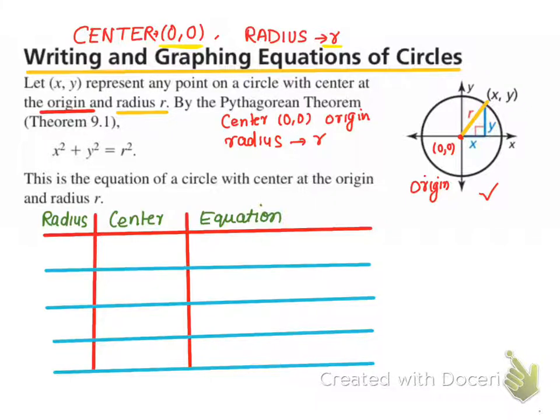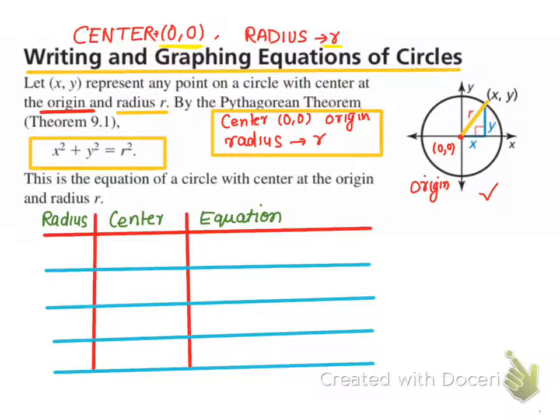Your equation is going to be x squared plus y squared equals r squared. That's the standard equation, so let me box it. That's the equation when your center is the origin, with radius r.